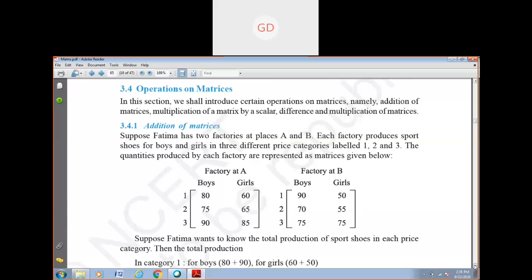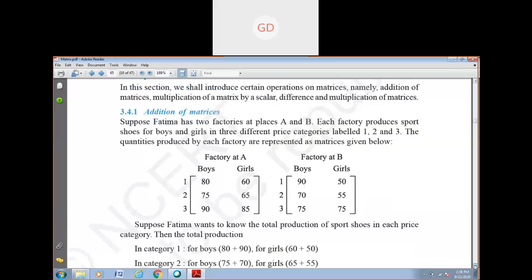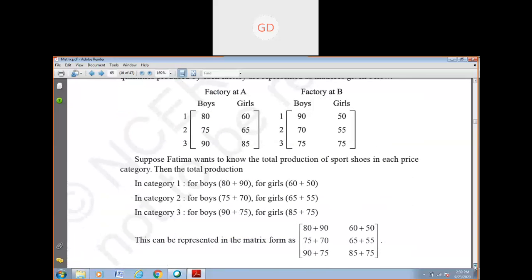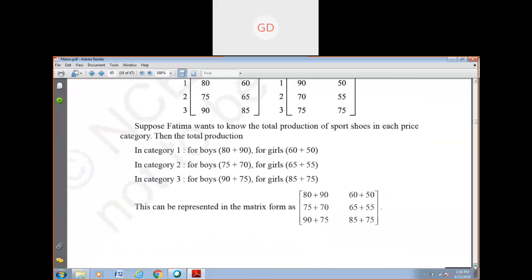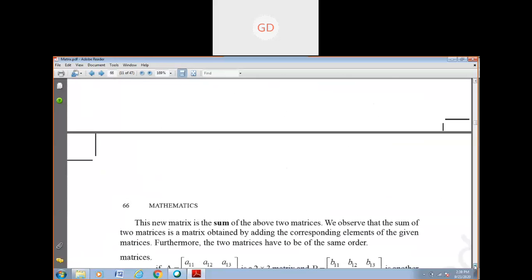So conditions basically depend on the order of matrices. In addition also, exactly like equality, the orders of the matrices to be added must be the same. If orders of two matrices are the same, then it is allowed to add. This is the one and only condition. Orders must be the same to be added.